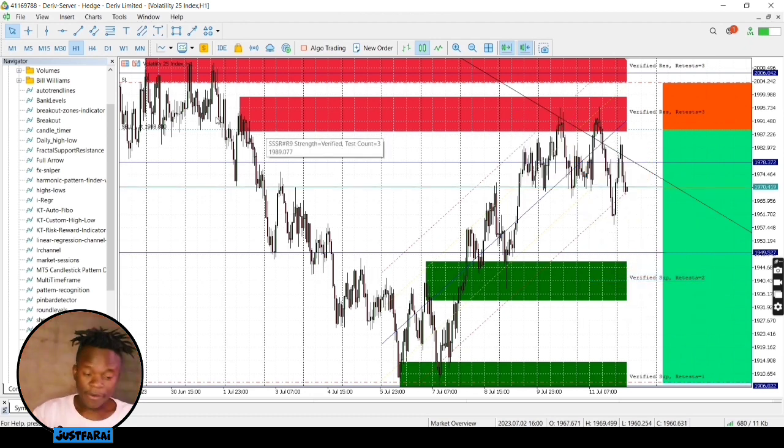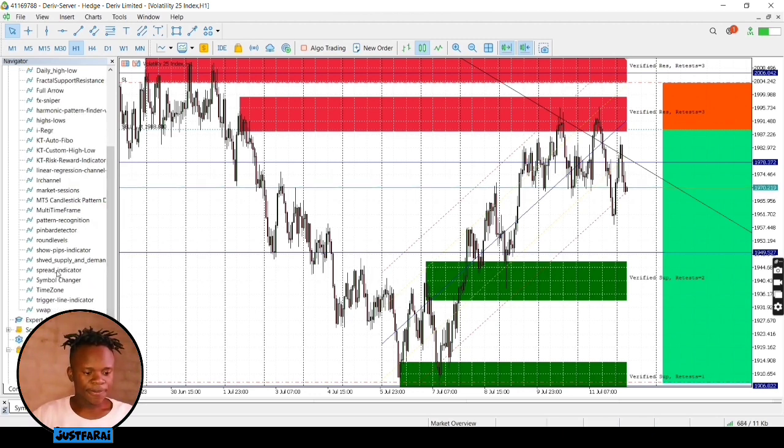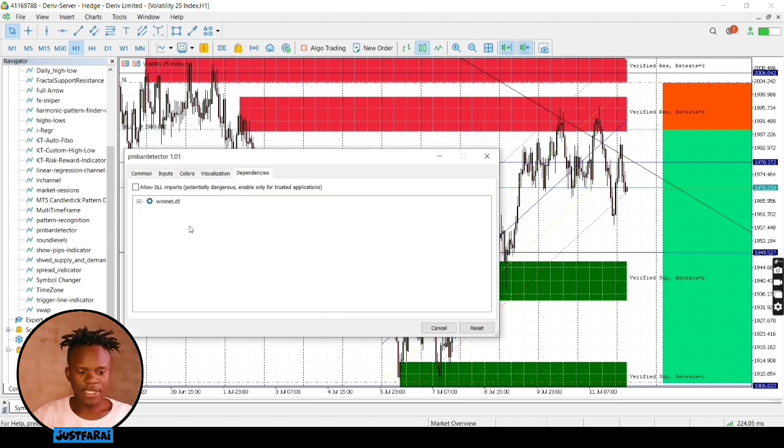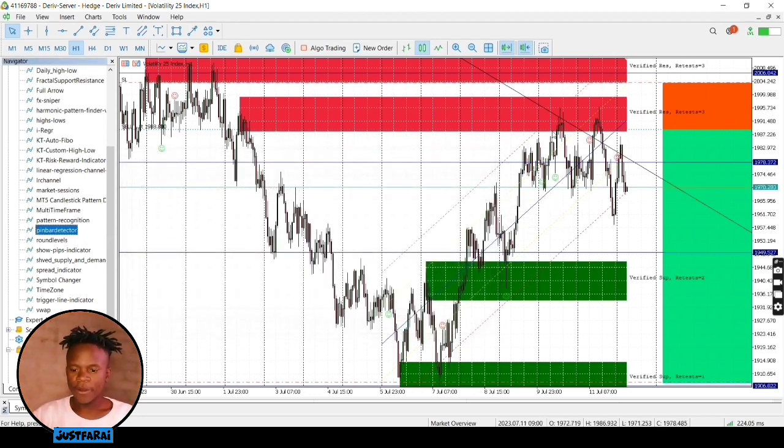Before I do anything else, I want to add some indicators that can help you, those that detect reversal patterns, like reversal candlesticks, right? The first indicator is the pin bar detector here. This one detects all the pin bars on the chart. Considering that I'm at this point here, I have to forget about those bullish pin bars because I'm anticipating a sell.